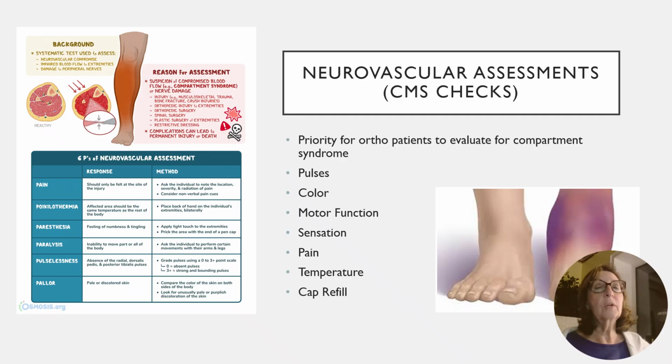Is it warm? Is it cold? Is it hot? Also, we're going to be checking capillary refill on the toes in this instance. So when we're talking about compartment syndrome or different types of injuries that can cause it, we need to be real careful with this. This is something that can happen pretty quickly.